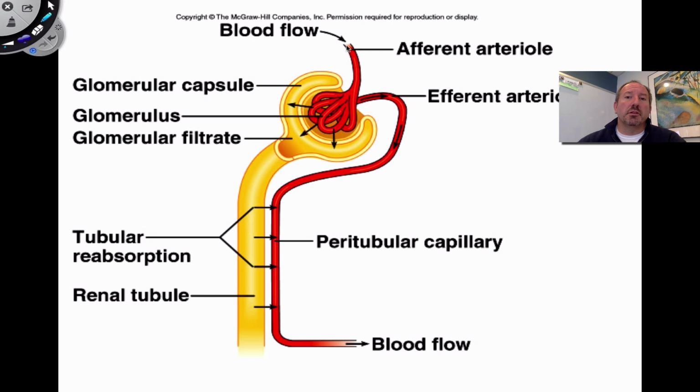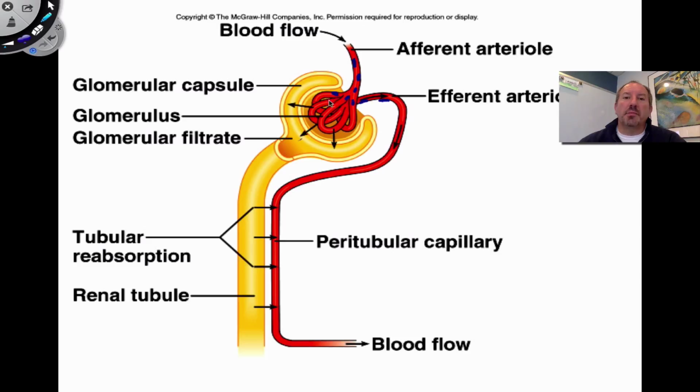And again, here's a little close-up of that. So the blood's coming in, and when I say the blood's coming in, what I really want to say is that blood, as you may know, is composed of red blood cells. The red blood cells do not diffuse out of the glomerulus. They're too large, they stay in. Same with the white cells.